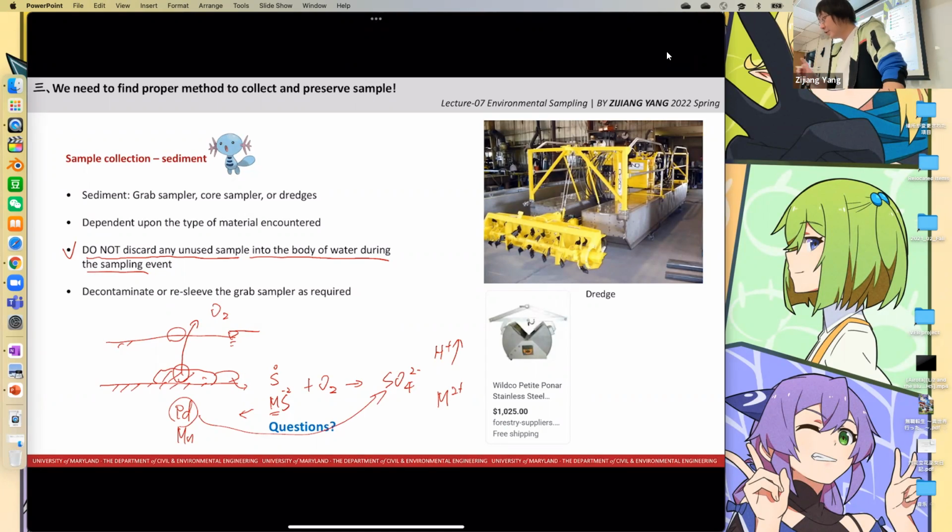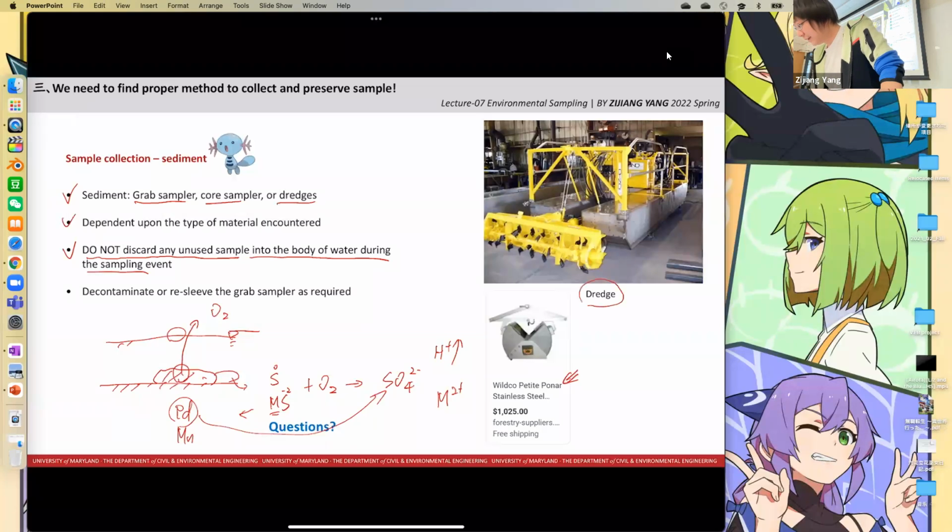So in this case, we should not return the sediment. For sediment samplers, we have the grab sampler, something like this, and we also have the core sampler, and we also have the one like this, which is pretty large.